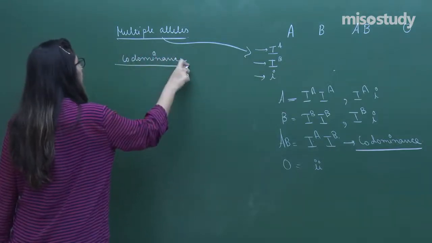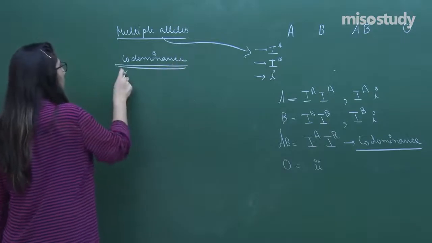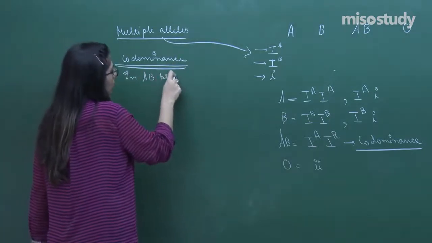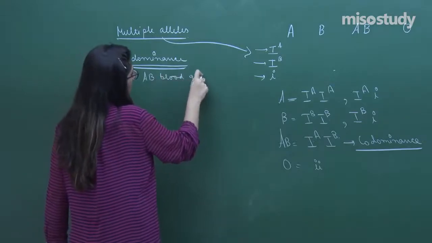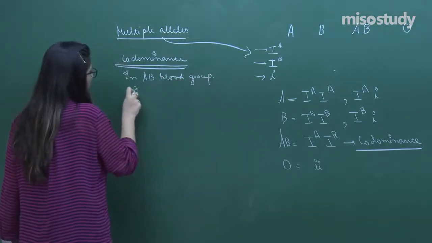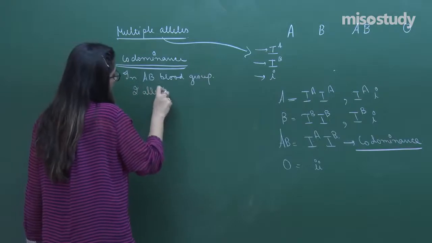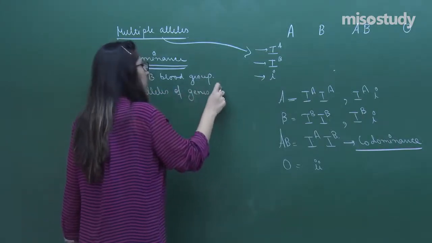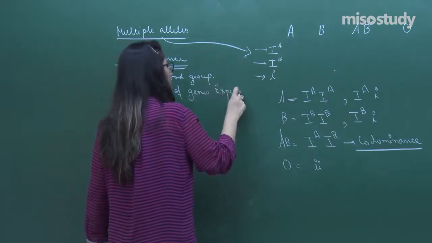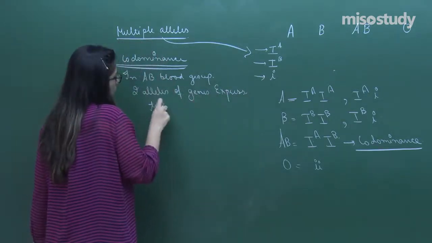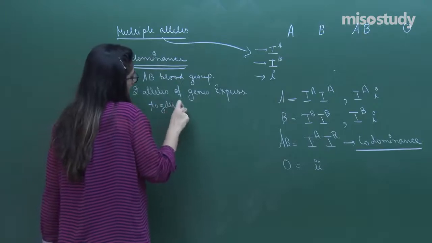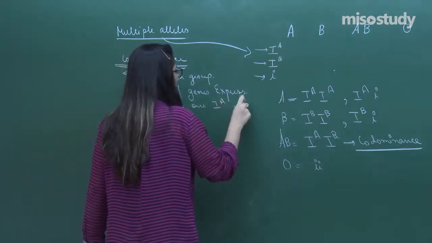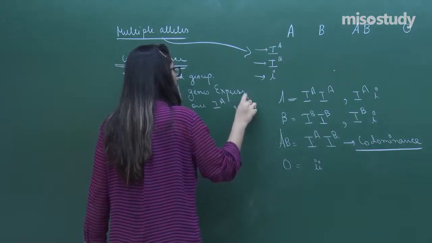That is, in case of AB blood group, two alleles of the gene express together, one IA and another IB.